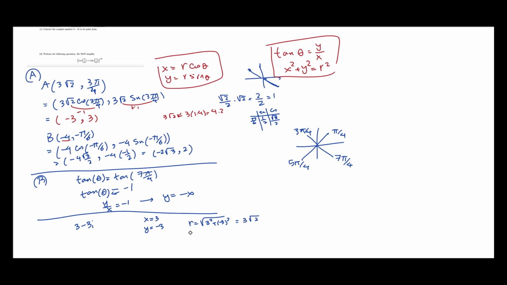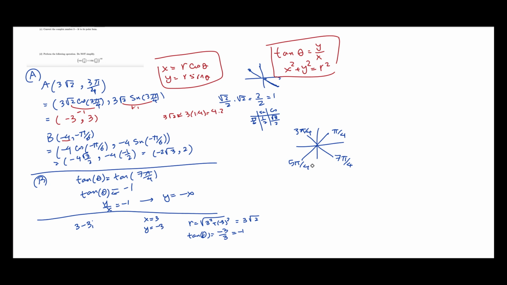And tan of theta is going to be equal to negative 3 over 3, which is negative 1. Theta is in which quadrant? x is positive and y is negative, that's the fourth quadrant.